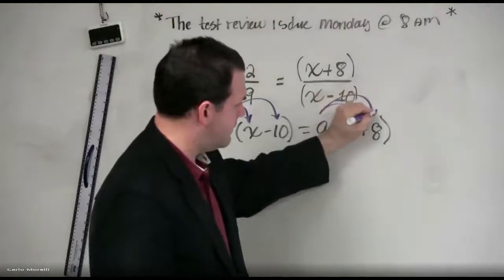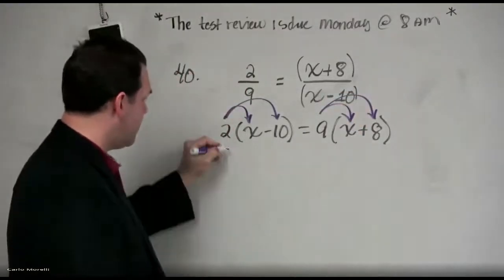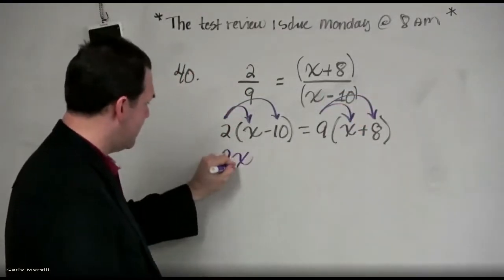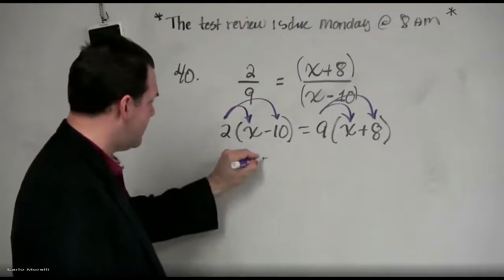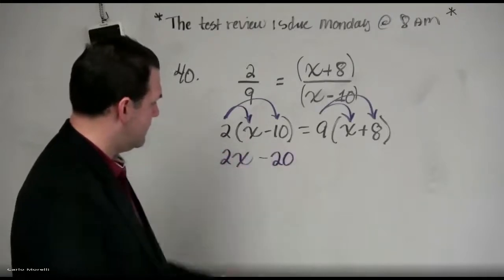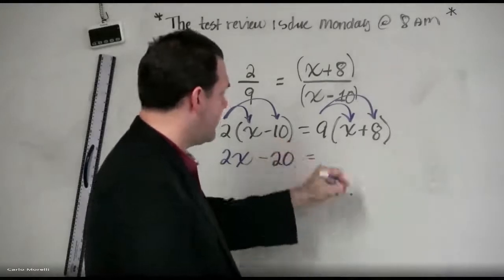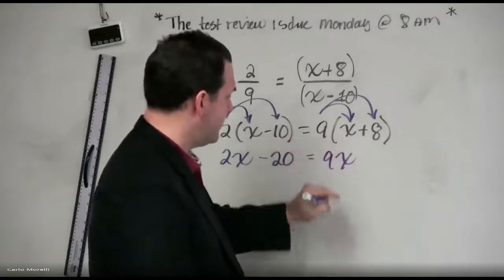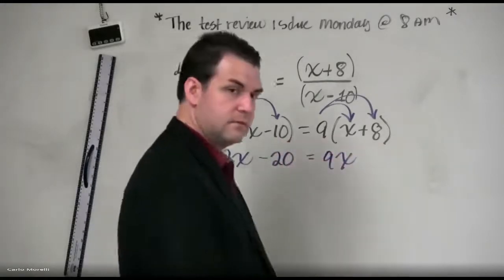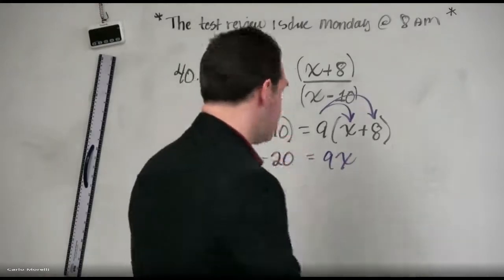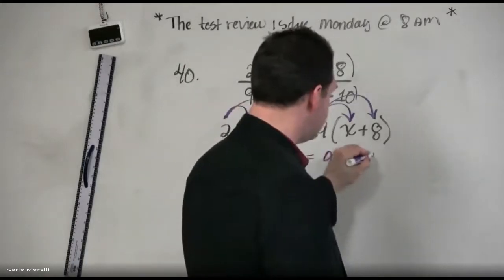And we're going to distribute. 2 times x is 2x. 2 times negative 10 is negative 20. Equals 9 times x is 9x. 9 times 8, what is it? 72 plus 72.